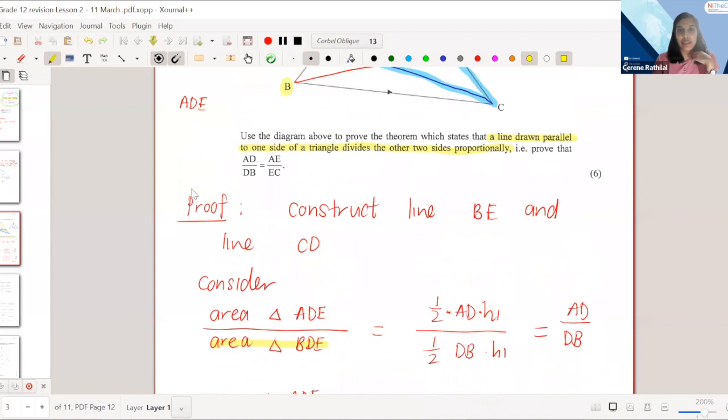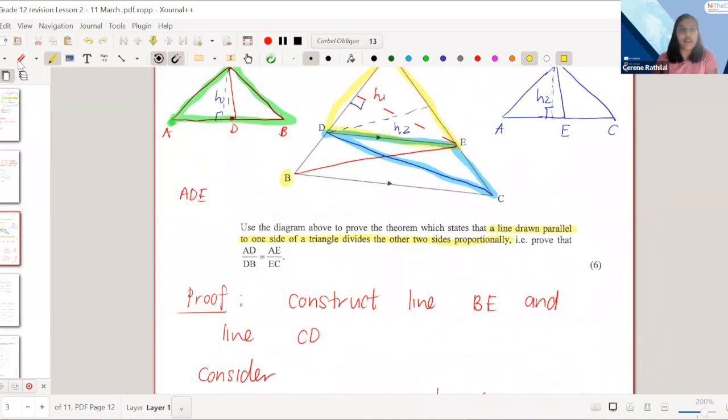So that's the key thing. Okay, right. So the question is, where is triangle BDE? Triangle BDE is right here.